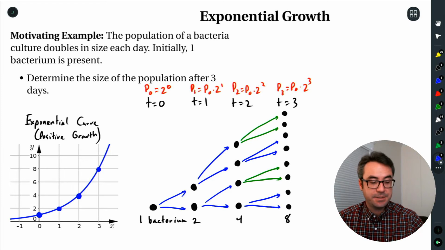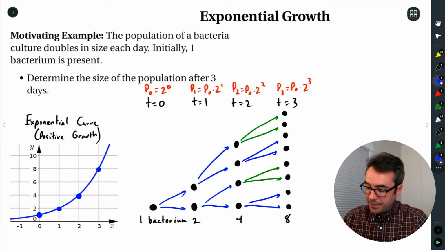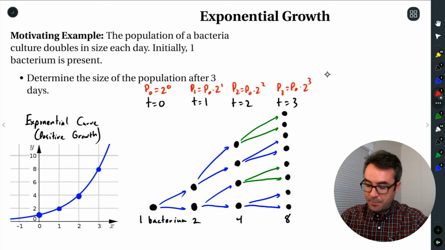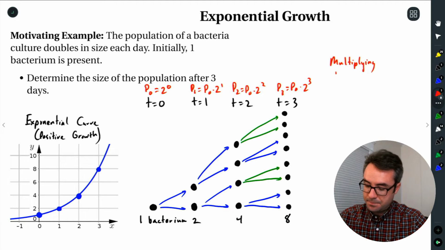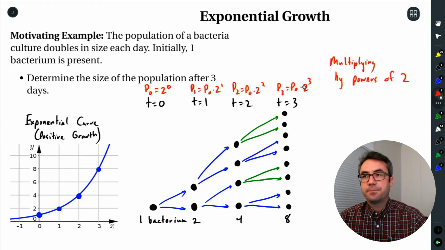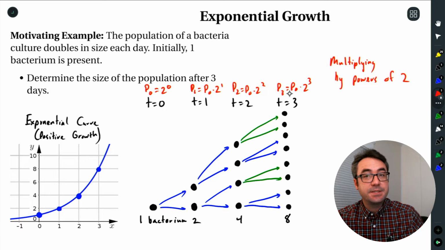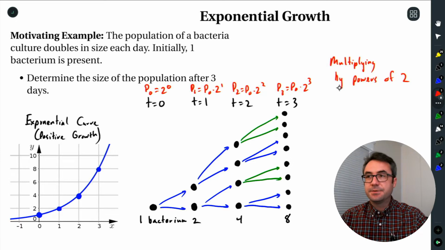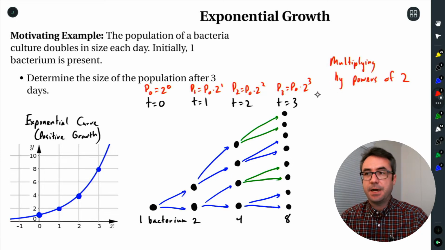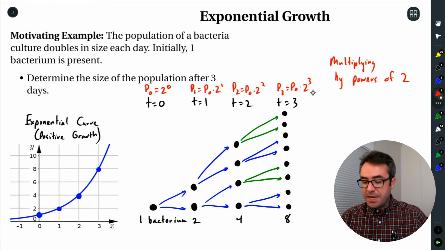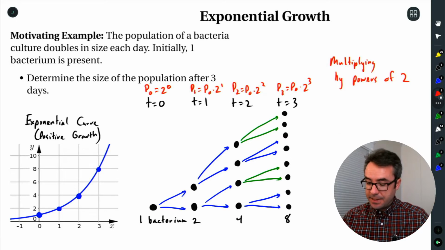And so what we're doing is essentially multiplying by powers of 2. So what we're seeing is this exponential growth. And so we can generalize this behavior, and that's what we're going to look at.